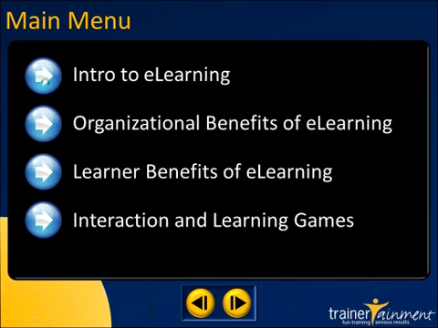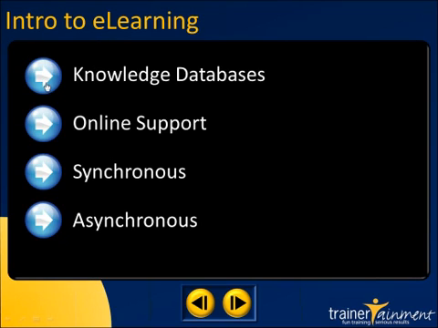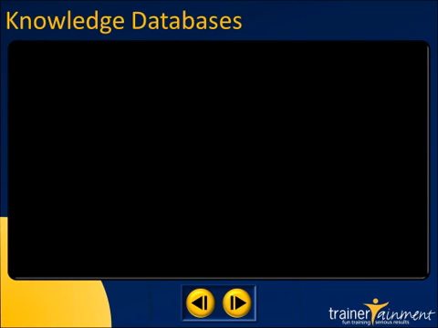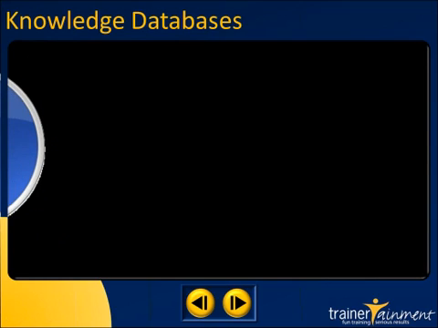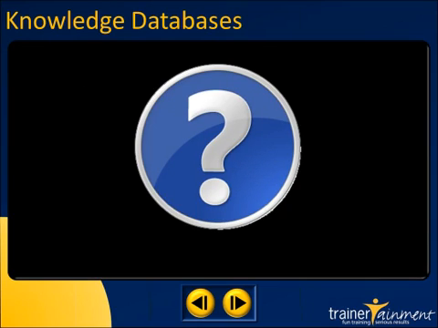So let's go ahead and move on to that intro to e-learning. E-learning falls into 4 categories of varying complexity and interactivity, and those are knowledge bases, online support, synchronous and asynchronous learning. So we'll start with knowledge databases, which are the most simple form of e-learning. You may or may not consider these actual training depending on your point of view.